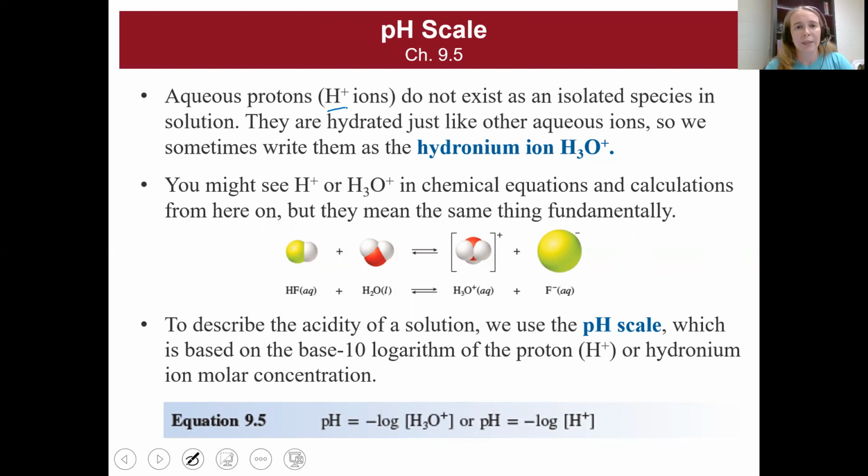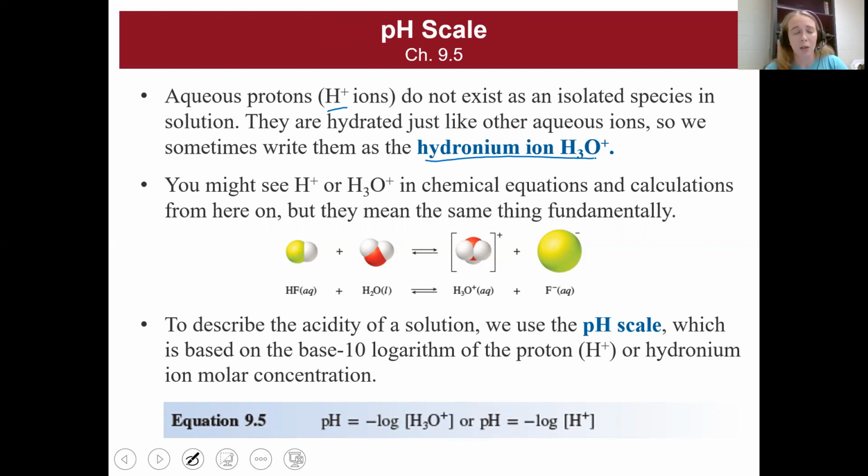So we sometimes write our hydrated protons as the hydronium ion instead. You might see H+ or H3O+ in chemical equations and calculations from here on out, but they mean the same thing fundamentally. Of course, you have to balance your equation a little differently if you're using the two different kinds. But other than that, they mean the same thing.